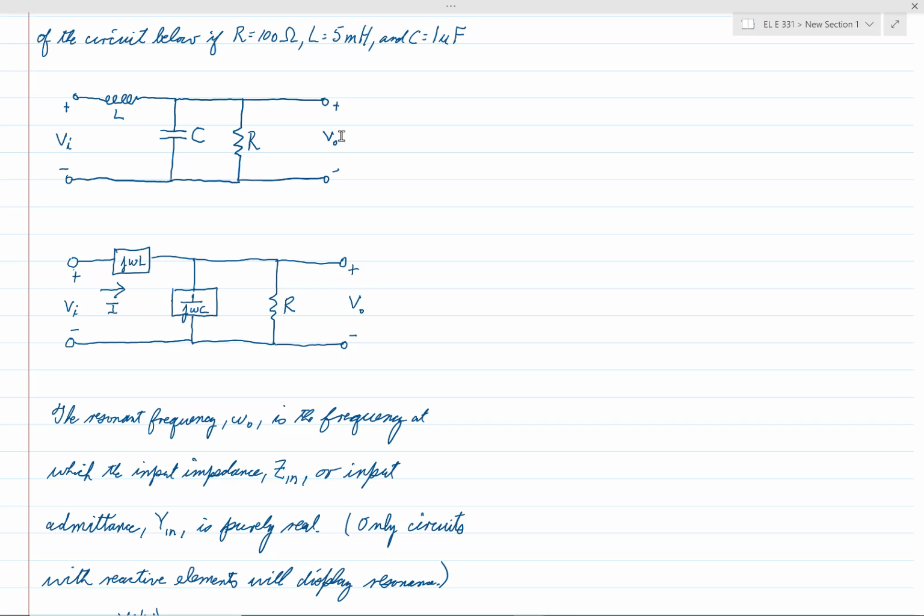On the other hand, as omega goes to infinity, the impedance of the inductor becomes extremely large, and so all of VI will drop across the inductor, and there will be no voltage drop here, and so indeed then VO will be equal to 0, which is consistent with the transfer function being equal to 0.